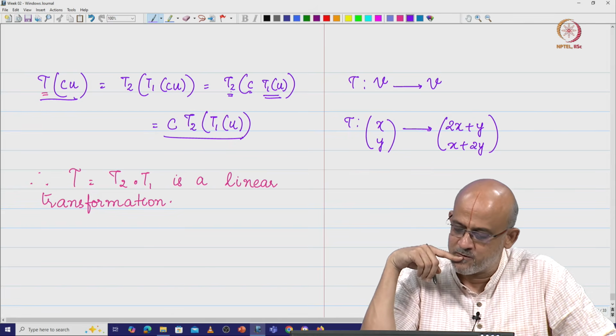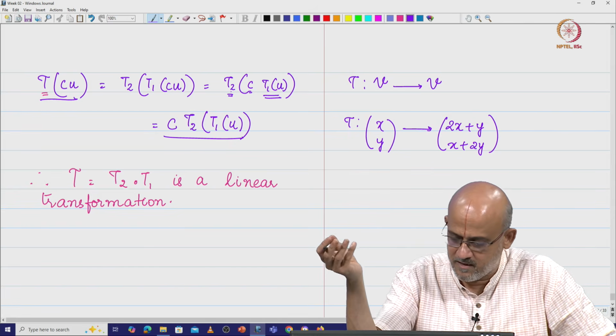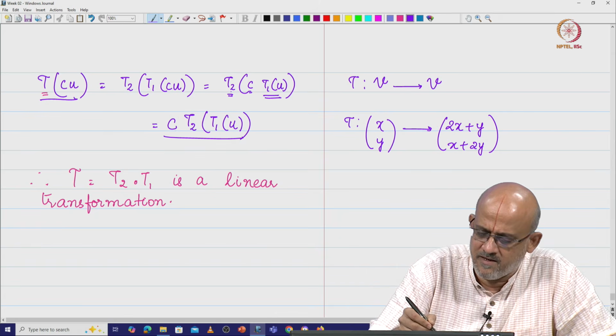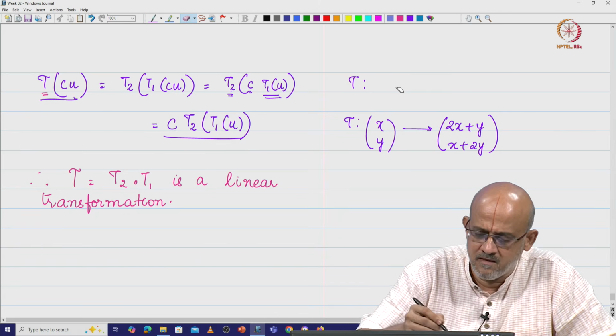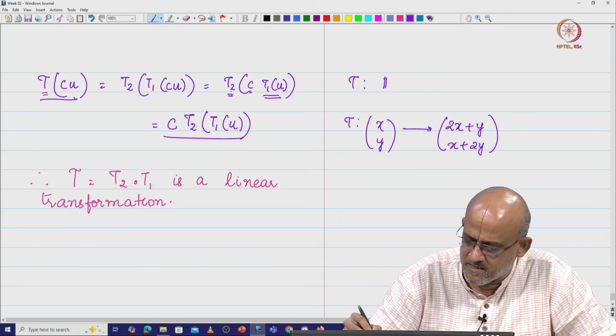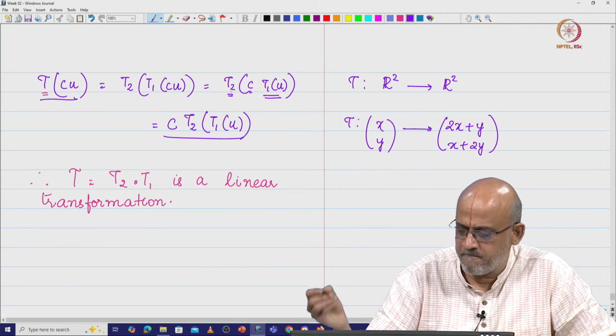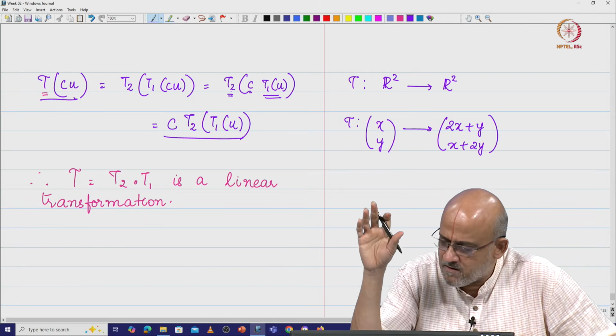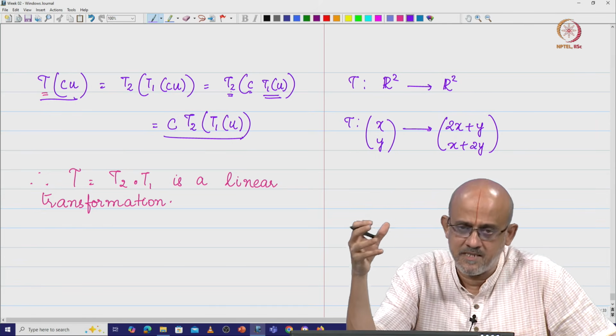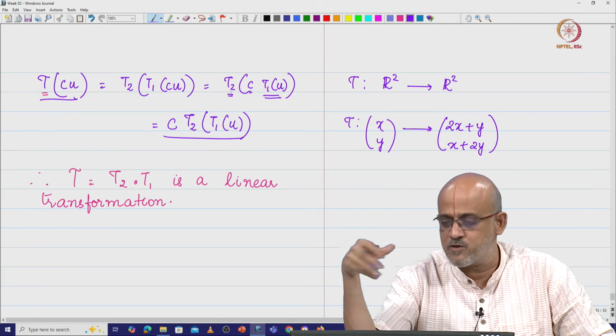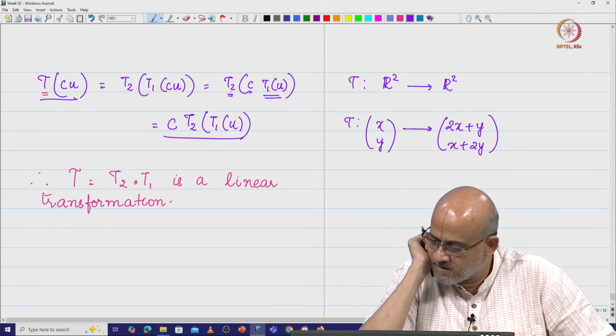What is the transformation doing? The transformation is basically taking a vector in R2. Let me make this very specific, the vector space to be R2 to R2. Every action of the transformation is happening in R2, that means this is going to take a vector in R2 and give me another vector in R2, right.